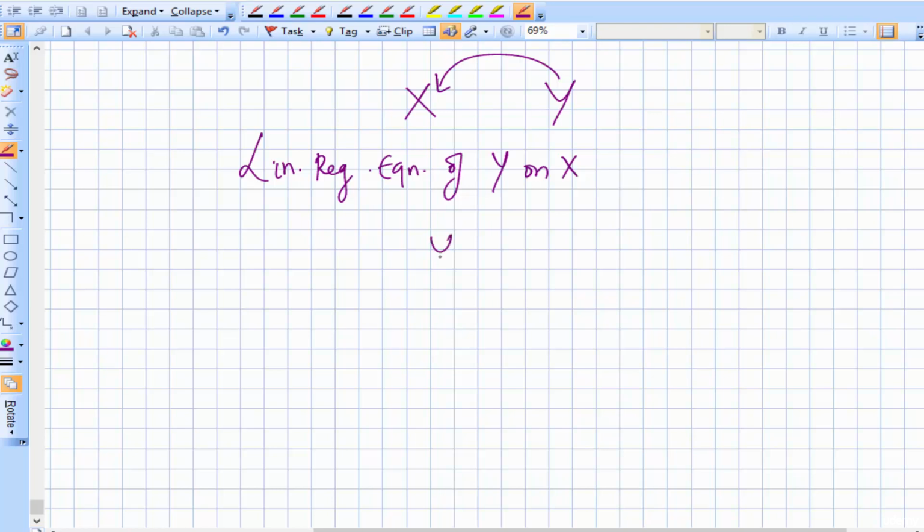Then that equation is going to be y is equal to a plus bx, and I'll call this equation 1. So this is equation 1 where y is dependent on x.